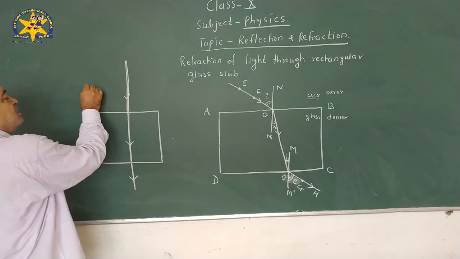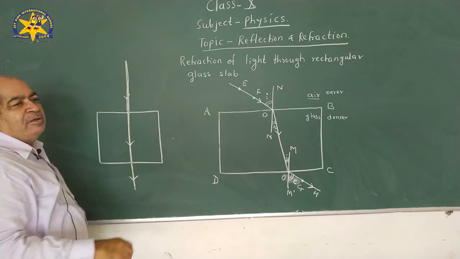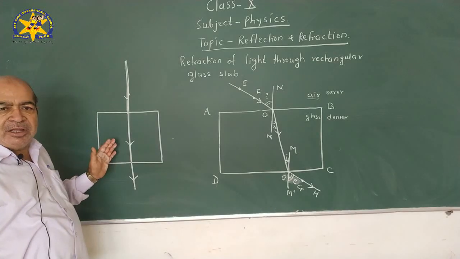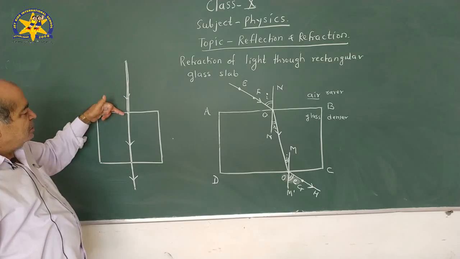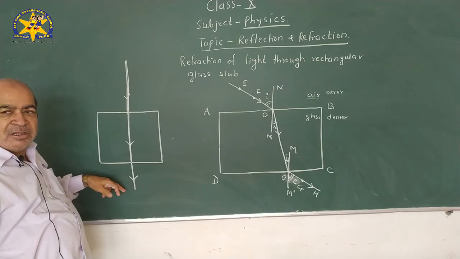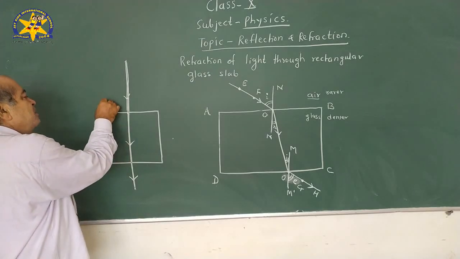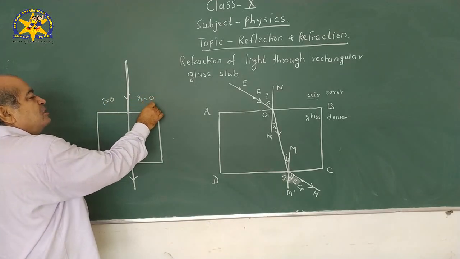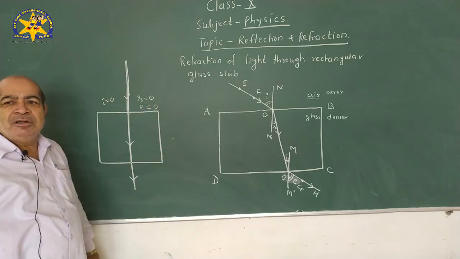The ray of light will not bend, and the incident ray, refracted ray and emergent ray are in the same straight line. In this case the angle of incidence is equal to 0, the angle of refraction is equal to 0, and the angle of emergence is equal to 0.